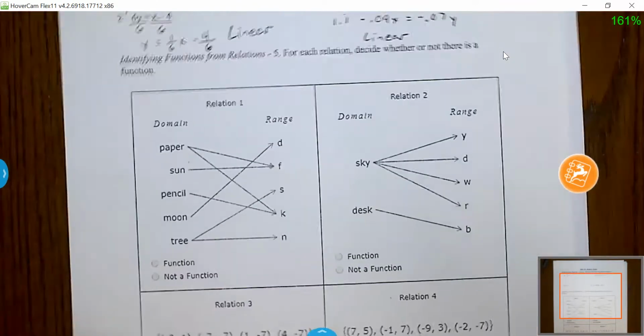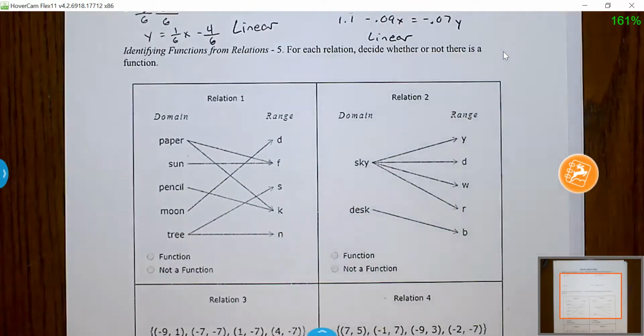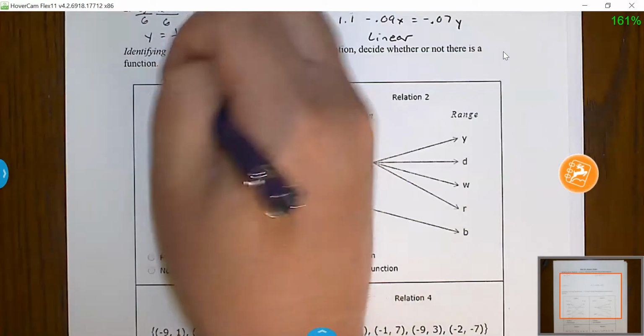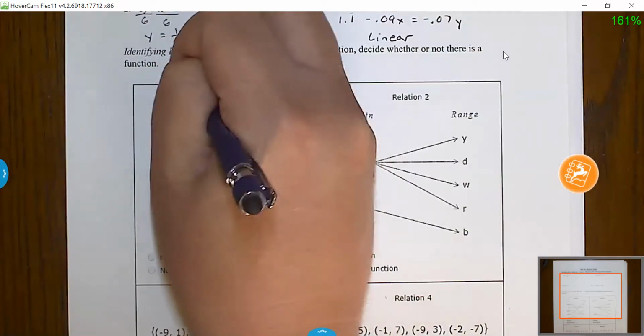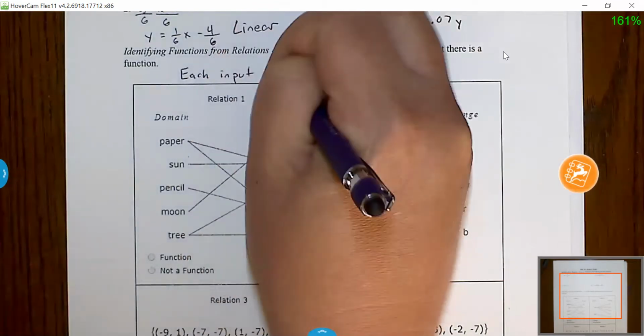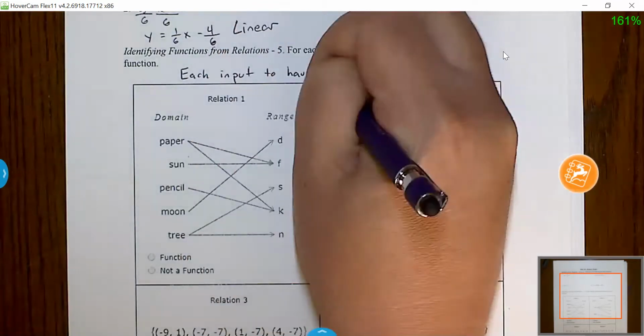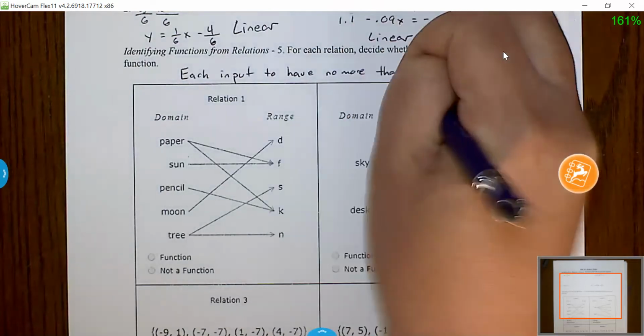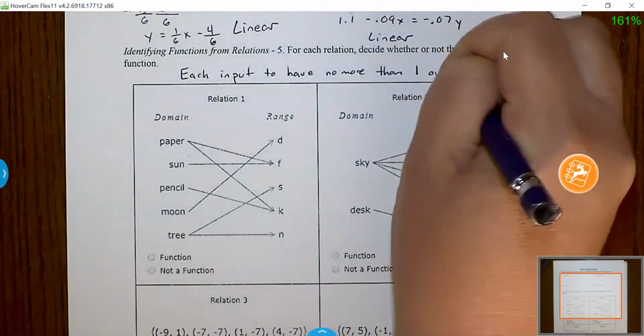Moving on, we're talking about functions now. For a relation to be a function, we are looking for each input to have no more than one output.